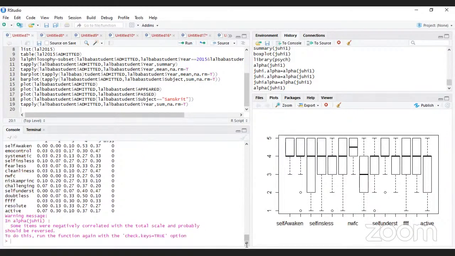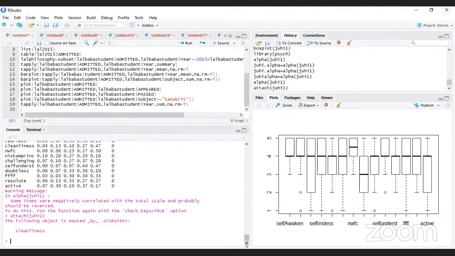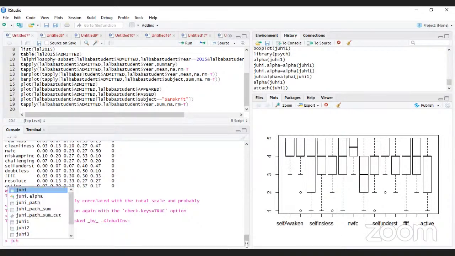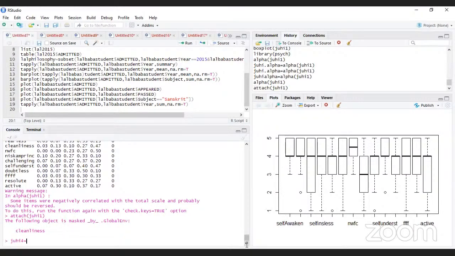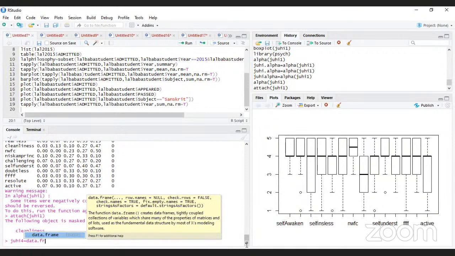So I can take only these 4 items, right? Juhi4, data dot frame.